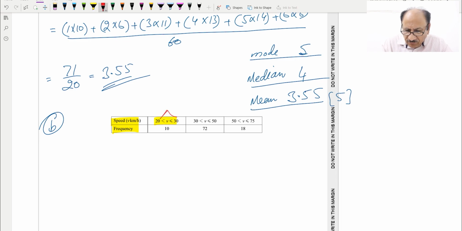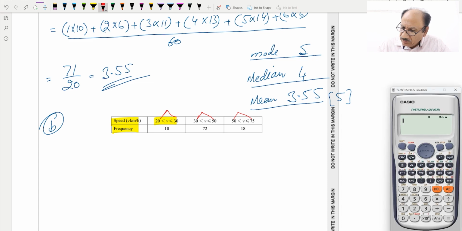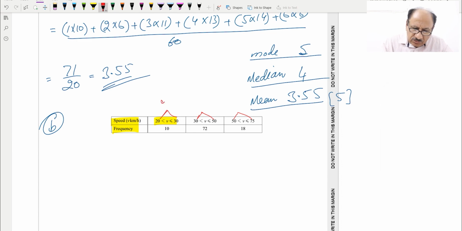We know in case of range, we calculate the mid-range. So it will be 20 plus 30, divided by 2, will be equal to 25. So this is how we will be calculating, and the next mid-range will be 40, and this will be 62.5. Adding 50 plus 75 and dividing by 2 we get 62.5.